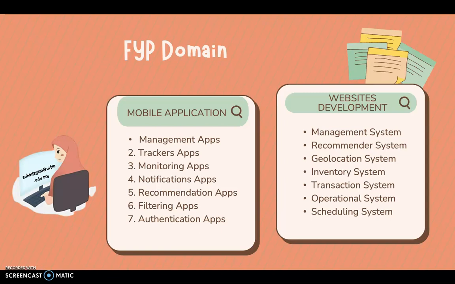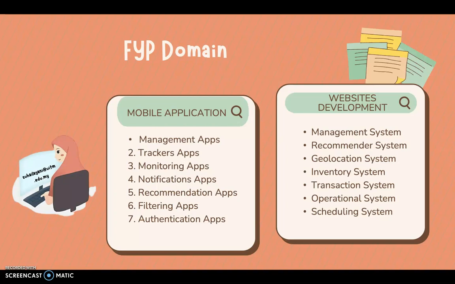Other than that, you can also have a mobile application domain. This is where you do management apps. For example, a gym app, a dietary plan management app, how you control your BMI, how you control your food intake. It can be inside the mobile application.